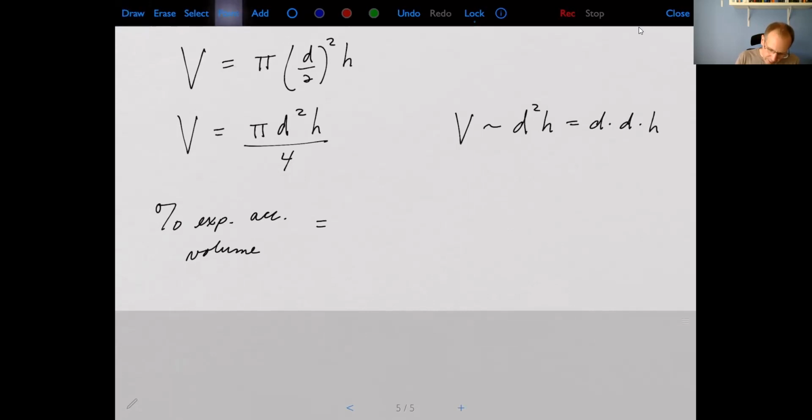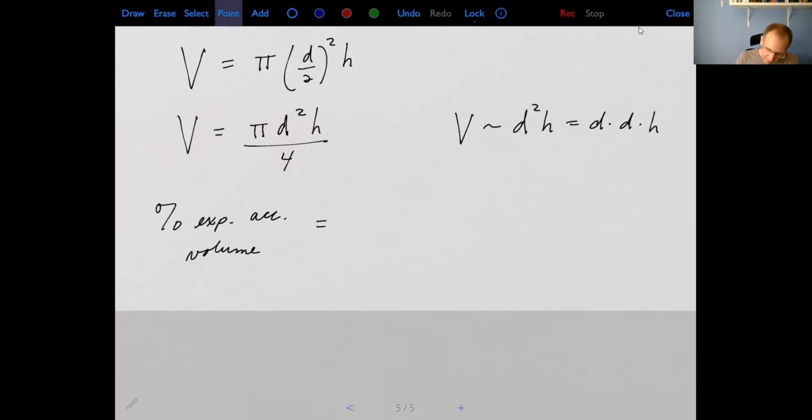So if you remember from the measurement handout or from lab 1, if you want to find the percent experimental accuracy of a dependent variable, in this case the volume, and it involves either multiplying variables together or dividing variables, in this case we're just multiplying them, then the rule is you have to add the respective percent accuracies.